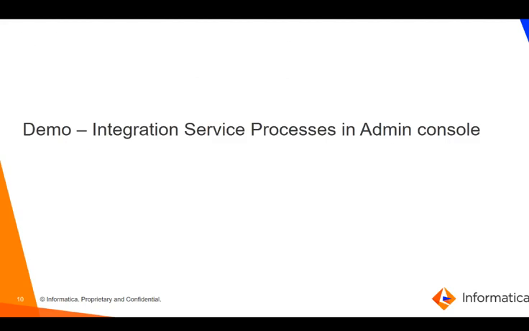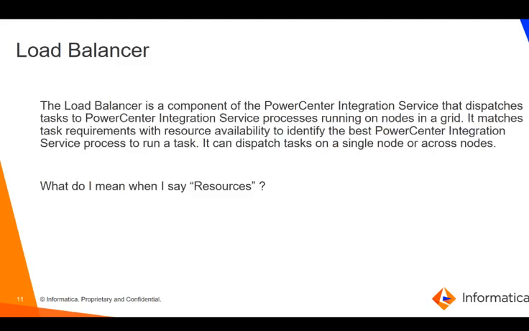I already showed you inside the admin console the processes in the running state, multiple processes within the same integration service. Now we'll talk about the architecture of the integration service within a grid. First of all, there is a very important term called load balancer. The load balancer is a component of the PowerCenter integration service whose job is to dispatch the PowerCenter integration service tasks.